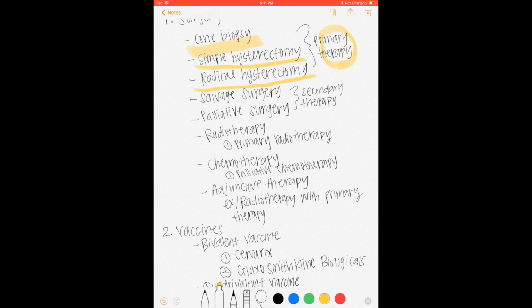And there are also secondary therapies, which are salvage surgery and palliative surgery. Salvage surgery consists of radical hysterectomy, including removal of a portion of the upper vagina to decrease chances of recurrence of the cancer. This is performed when the patient has had primary surgery, but microscopic examination of the removed tissue shows that the margin of normal tissue around the cancer is too thin.